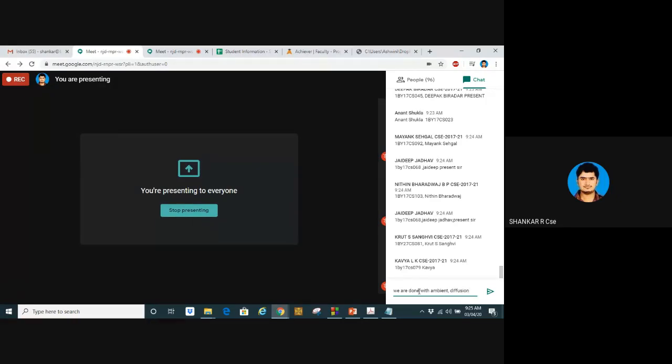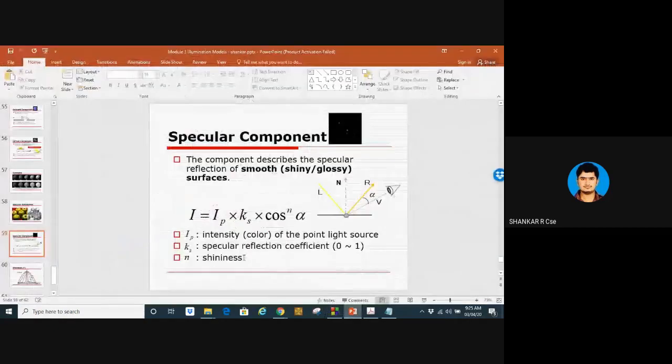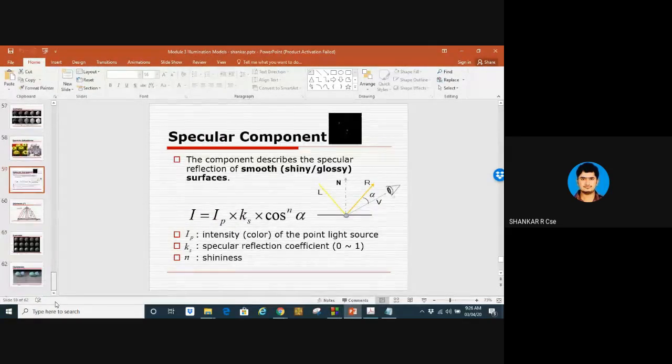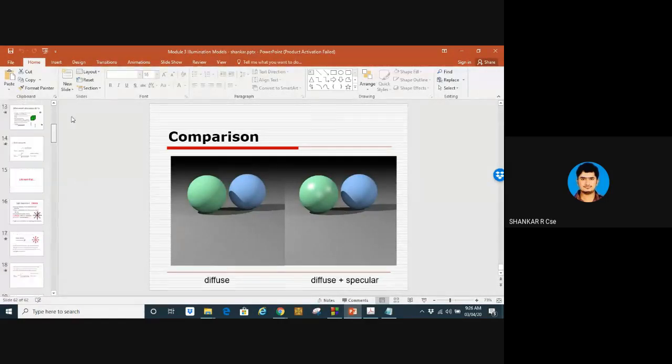Specularity we shall see in the next class. Now, this is enough for us to start this program in my 1050 class. All right. Now, the last bit. We also show this: only diffusion plus specular. I'll talk about specular in the next class.